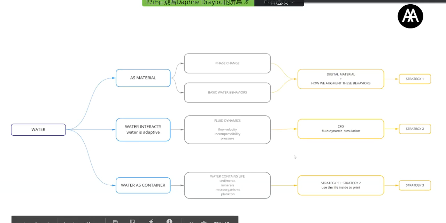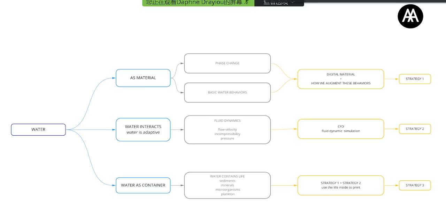Yeah, if you go back to the diagram, my suggestion would be that water interacting and water as containers seem to me as potentially being things that, when you start to take decisions about how you're utilizing it, are going to have much more to do with the implications of its material presence.